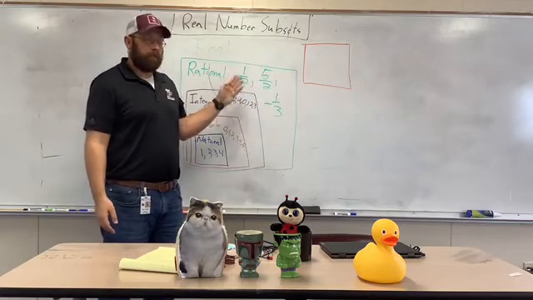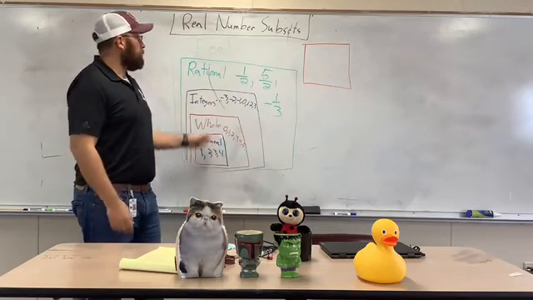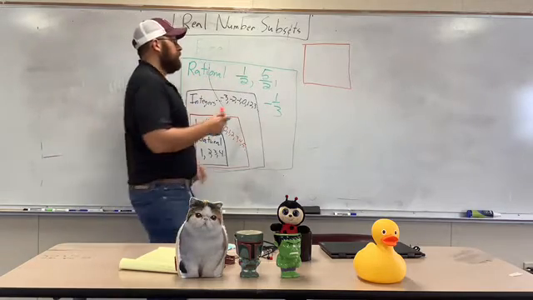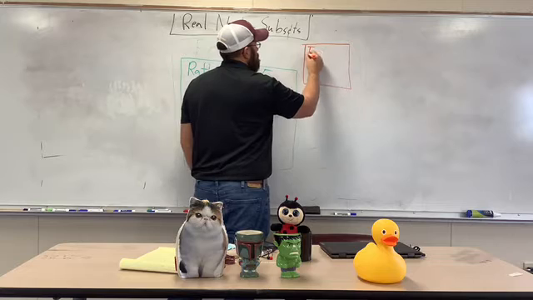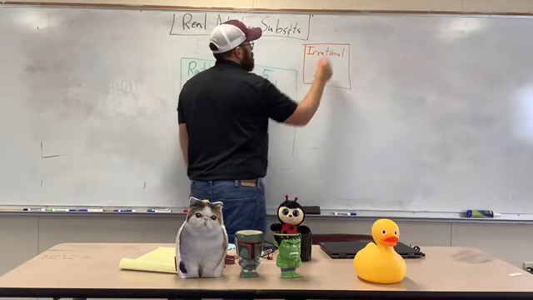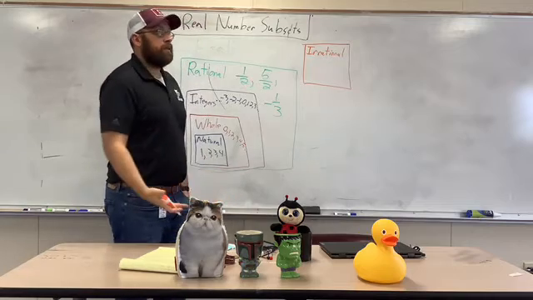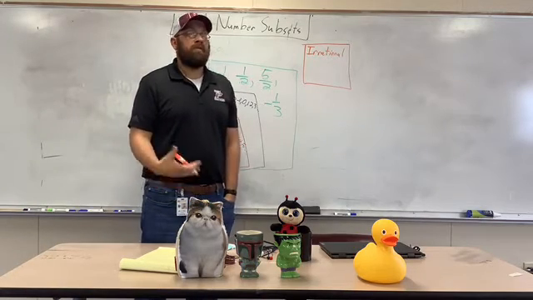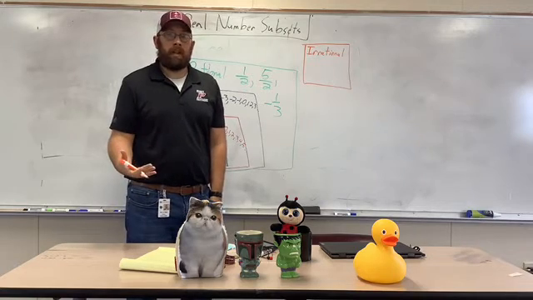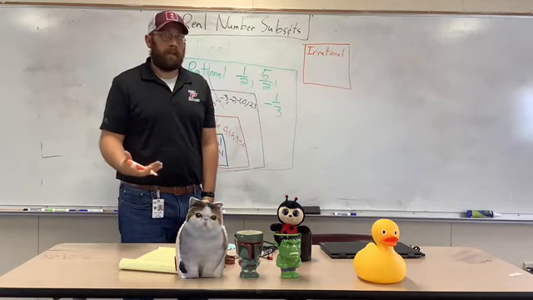Those are rational numbers. Now, you might be asking, why is that little box over there outside of all the other ones? These are called irrational numbers. Irrational numbers are numbers that when you divide them, their decimals don't terminate and they don't repeat.